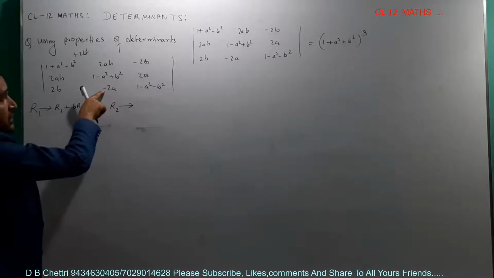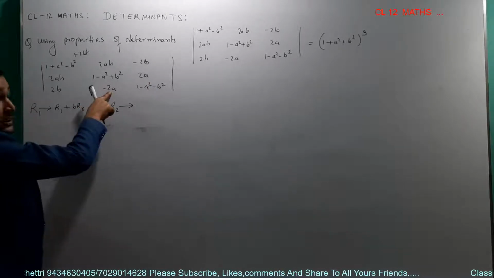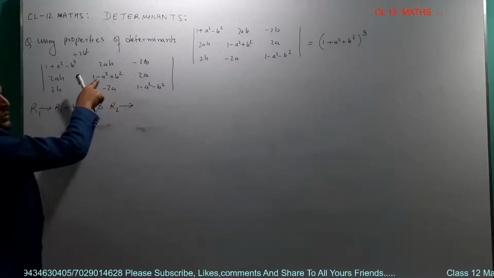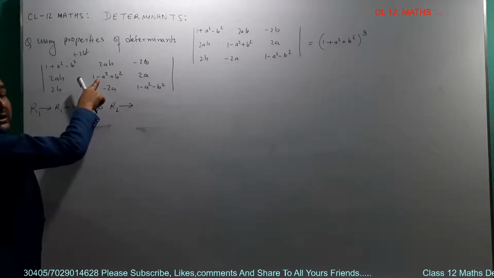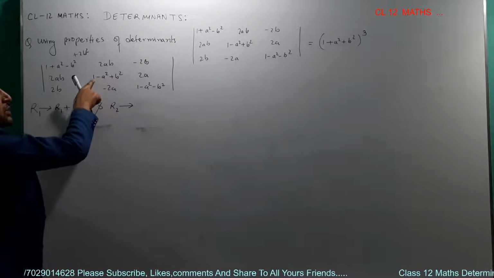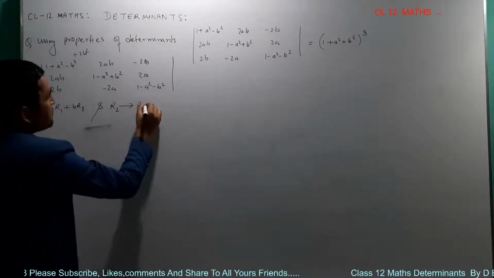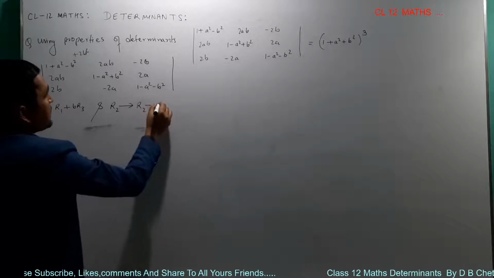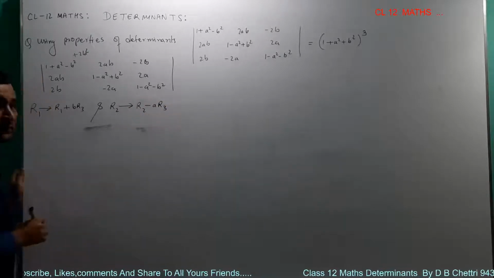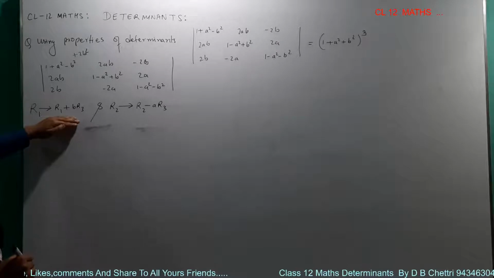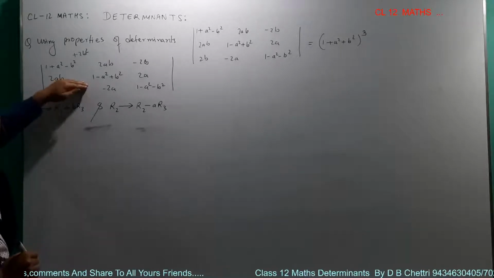That's why we are multiplying this with minus A: minus times plus 2A square gives minus 2A square, plus A square, and the answer is plus A square. That's why 1 plus A square plus B square. That means R2 changes to R2 minus A R3.